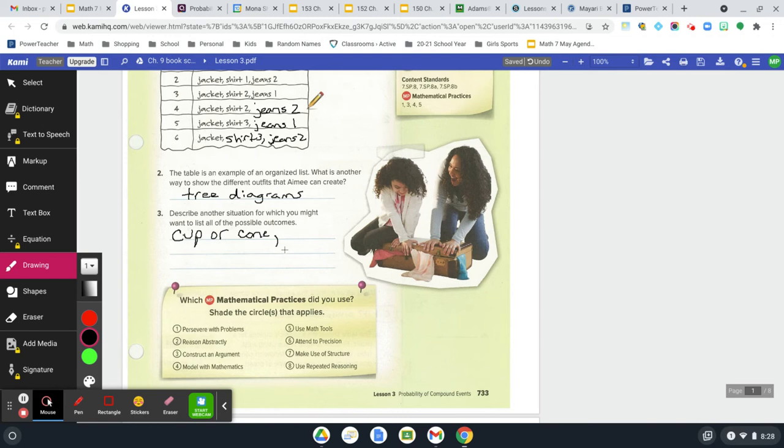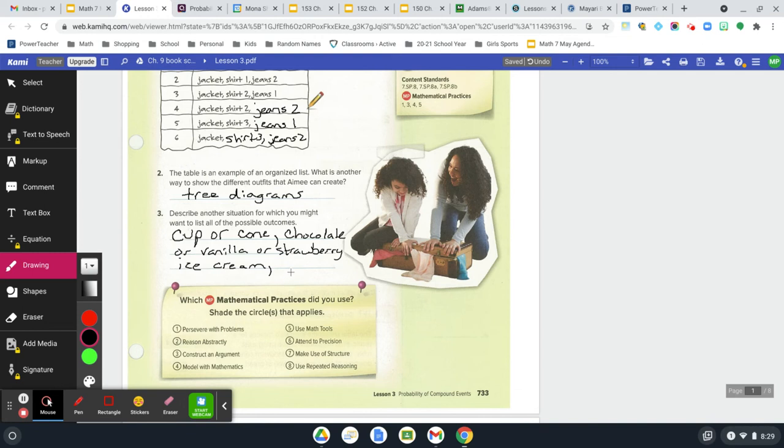And then let's say you get to choose between chocolate or vanilla, or let's say strawberry ice cream. So cup or cone, chocolate or vanilla or strawberry ice cream.